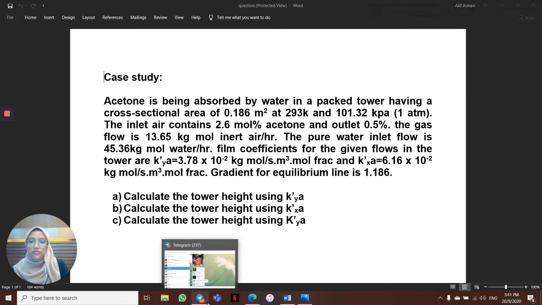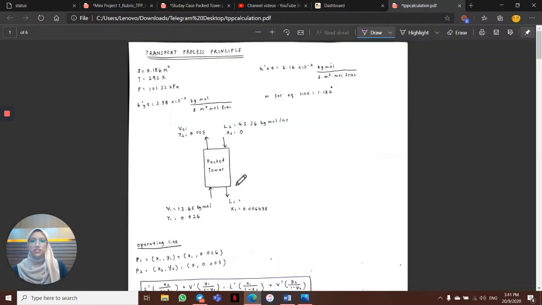Alright, so let's move on to the calculation. The given info is the surface area, which is 0.186 meter square, temperature 293 Kelvin, pressure 101.32 kilopascal, the gradient for the equilibrium line, which is 1.186, and the single mass transfer coefficients for gas and also liquid.